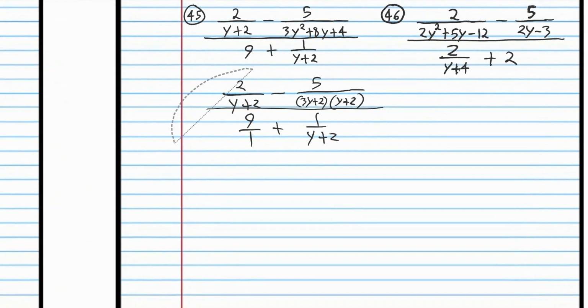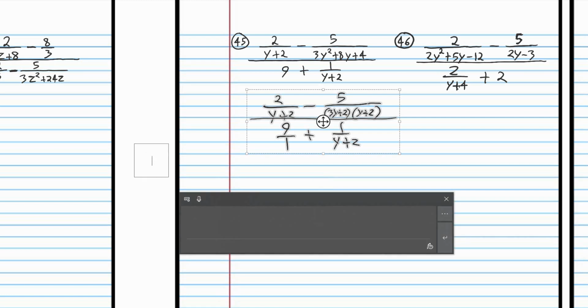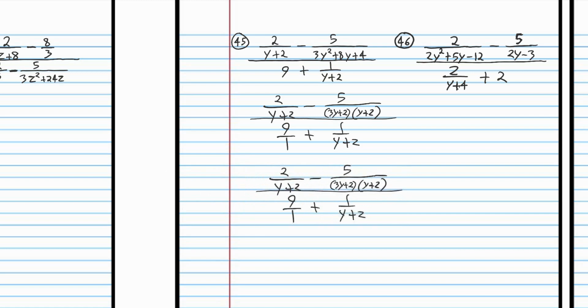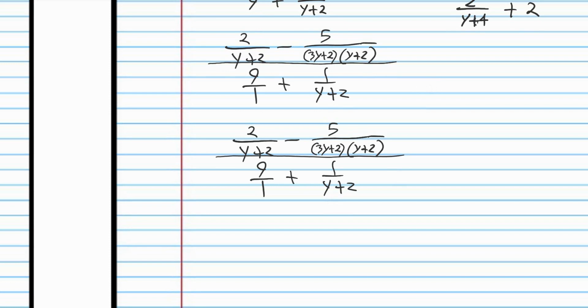All right, so again, I wrote 9 over 1, and I factored what I could factor. And so now we're proceeding just like normal. So now I'm going to multiply both sides of this fraction by 3y plus 2.